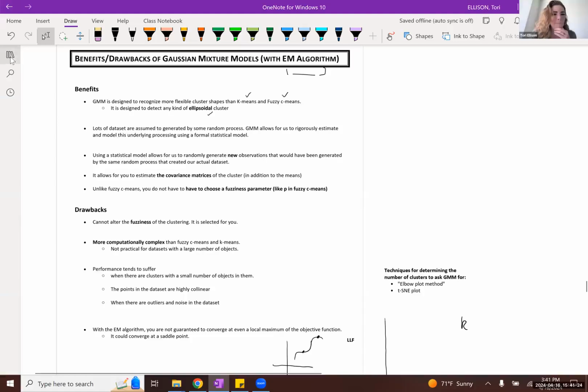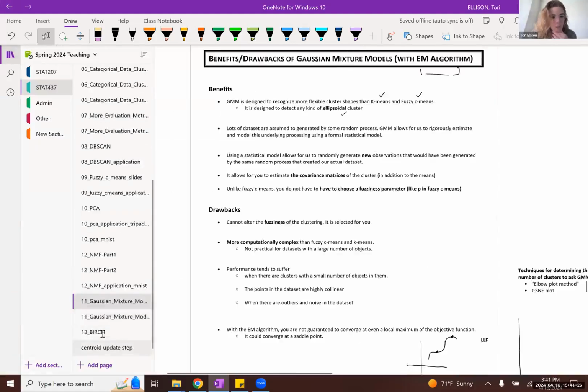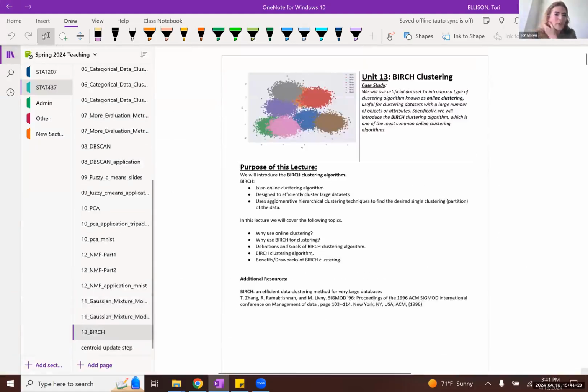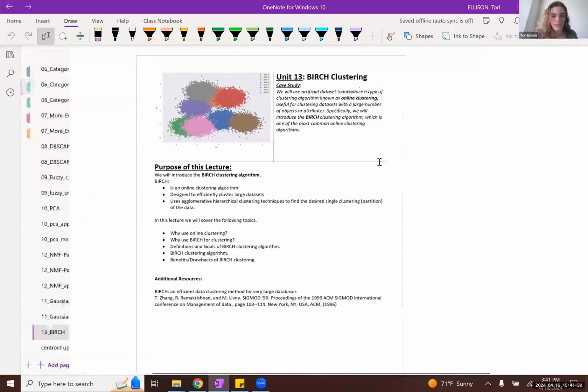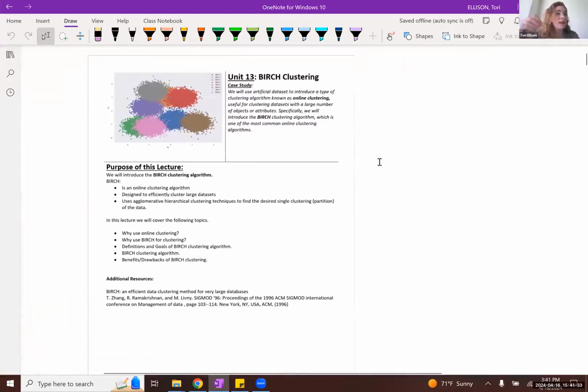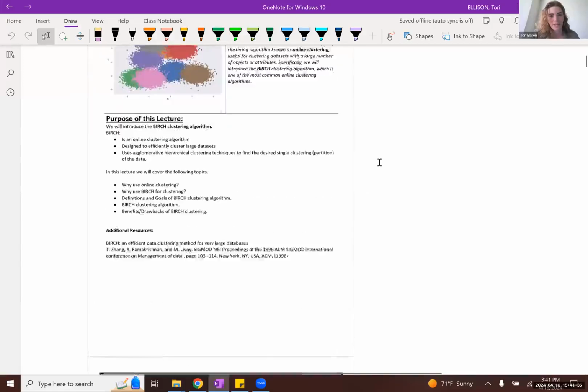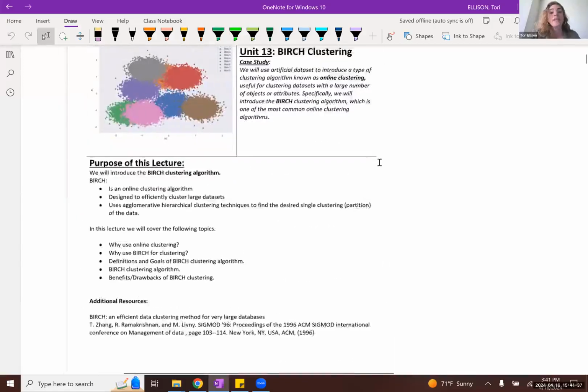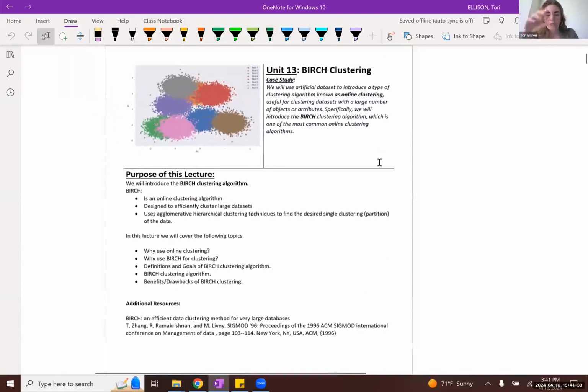All right, so moving on, we're going to talk about two types of what we call online clustering algorithms in this class. Now, the term online is not simply applied to clustering algorithms. There are many general online machine learning algorithms.